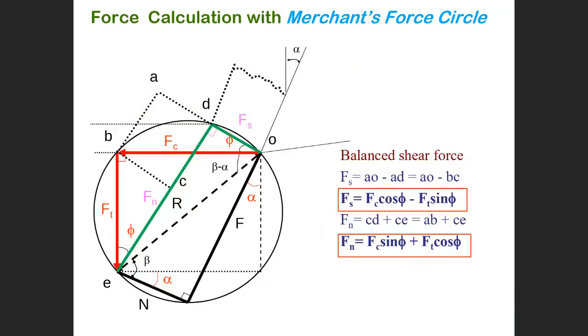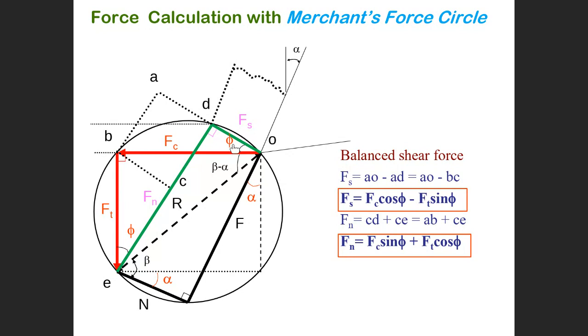Next is another two forces, Fs and Fn. We need to obtain Fs and Fn as a function of Fc and Ft as well. Fs equals OD. OD is equal to OA minus AD. OA equals Fc cosine phi, where phi is the shear plane angle.